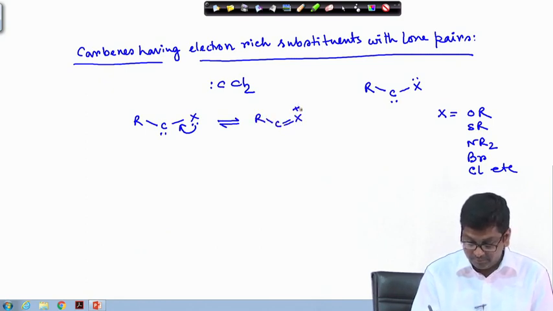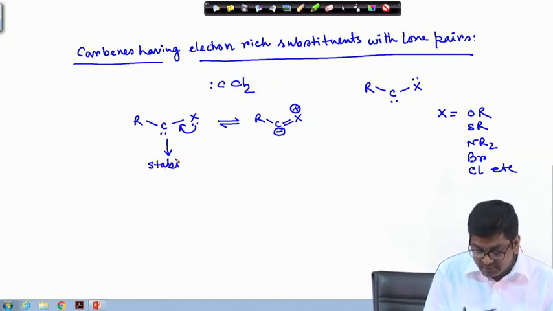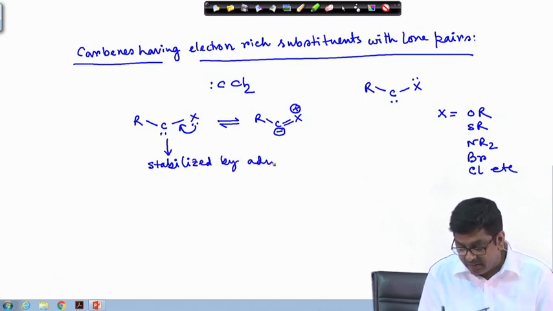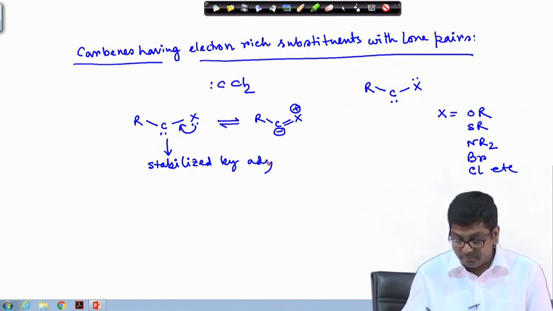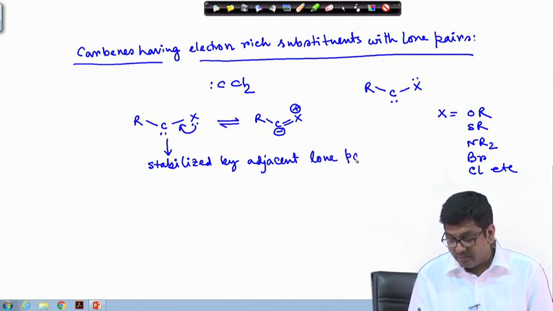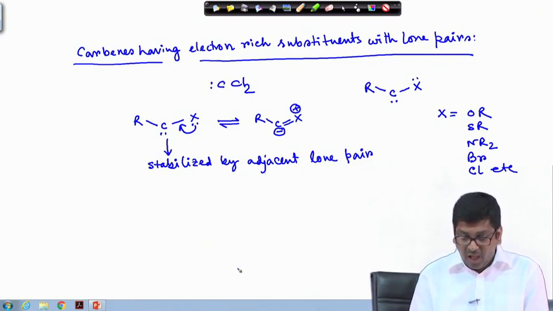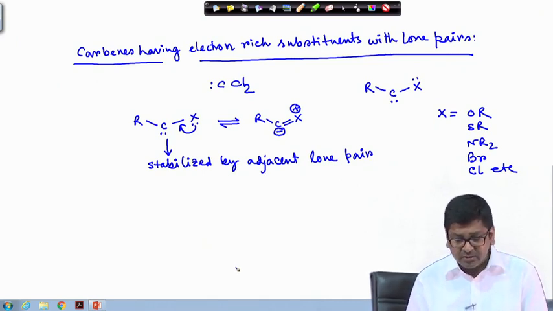So, this carbene can be stabilized by the adjacent lone pair. Fine. How can it stabilize this one?